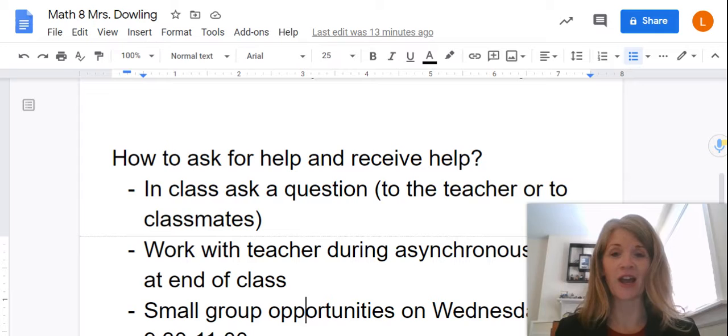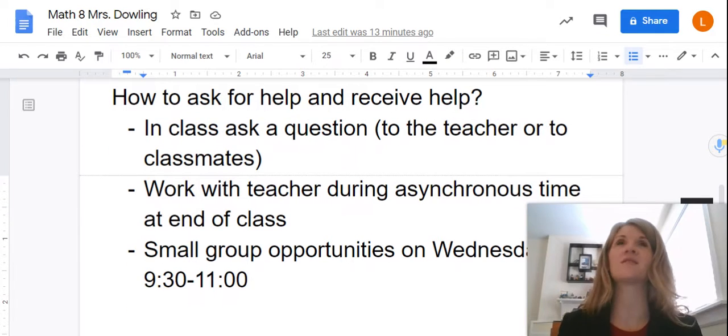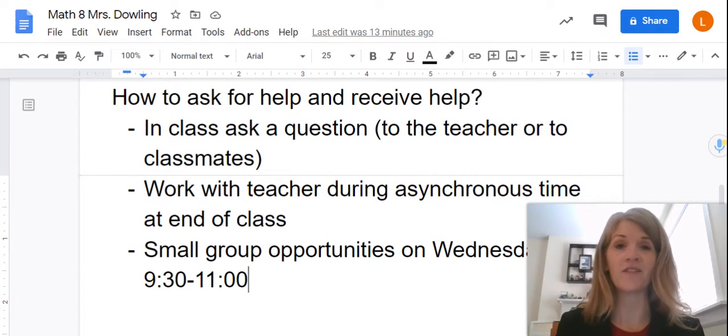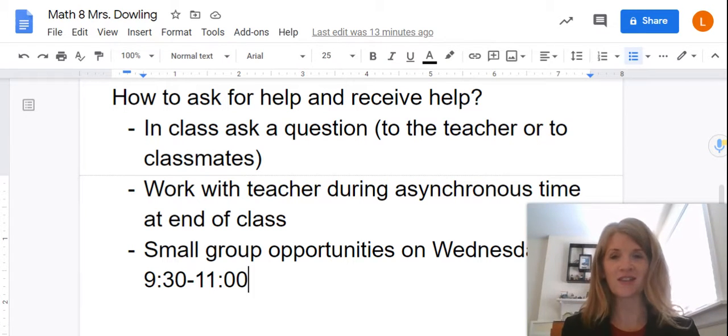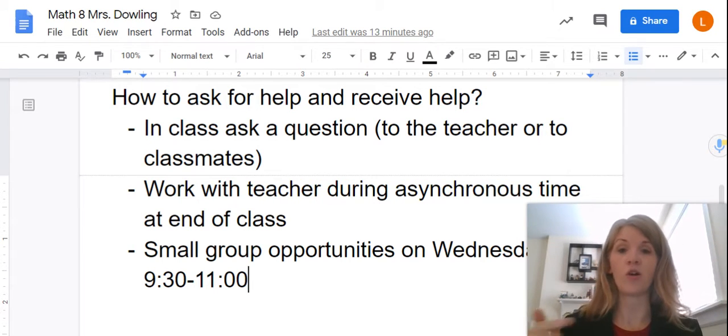So how can your child ask for help and receive help? There's lots of ways, but a lot of it is going to be dependent on them reaching out for that help. They can ask questions in class, verbally, or through the chat. They can call me to their breakout room when they're working in small groups by pushing the ask for help button.